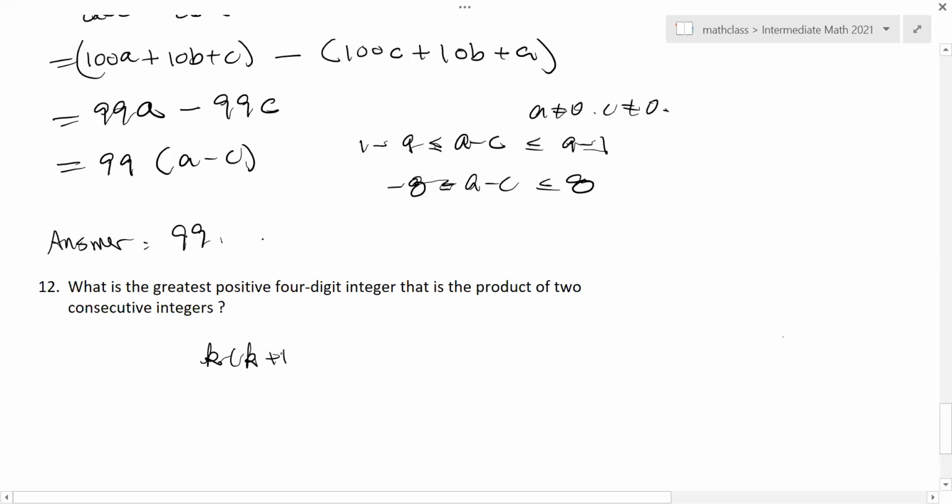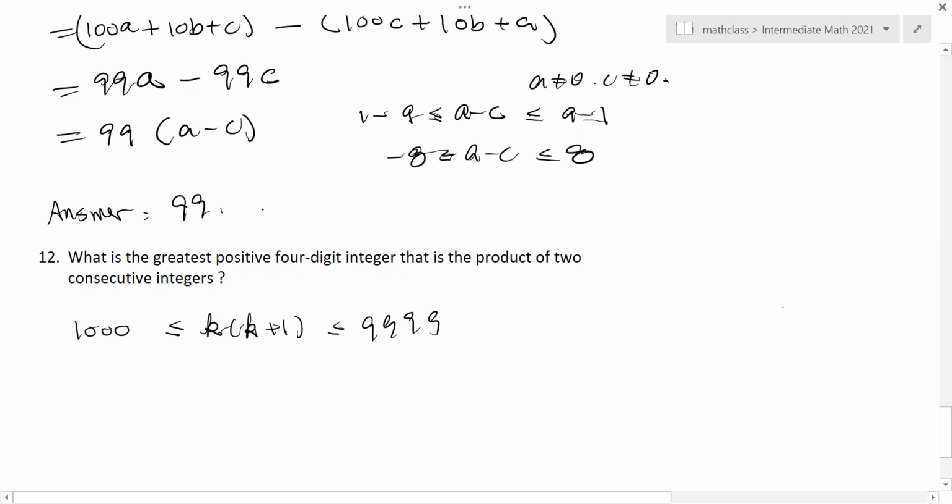This must be a 4-digit integer. So it's less than or equal to 9,999 and greater than or equal to 1,000, right? 1,000 is the smallest 4-digit number, 9,999 is the largest 4-digit number. But we only consider those integers which come from the product of consecutive numbers.